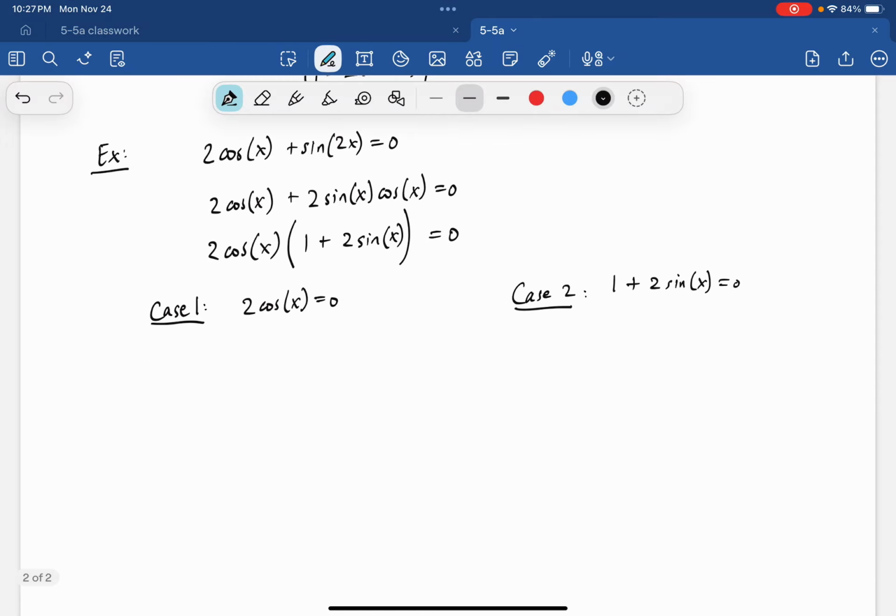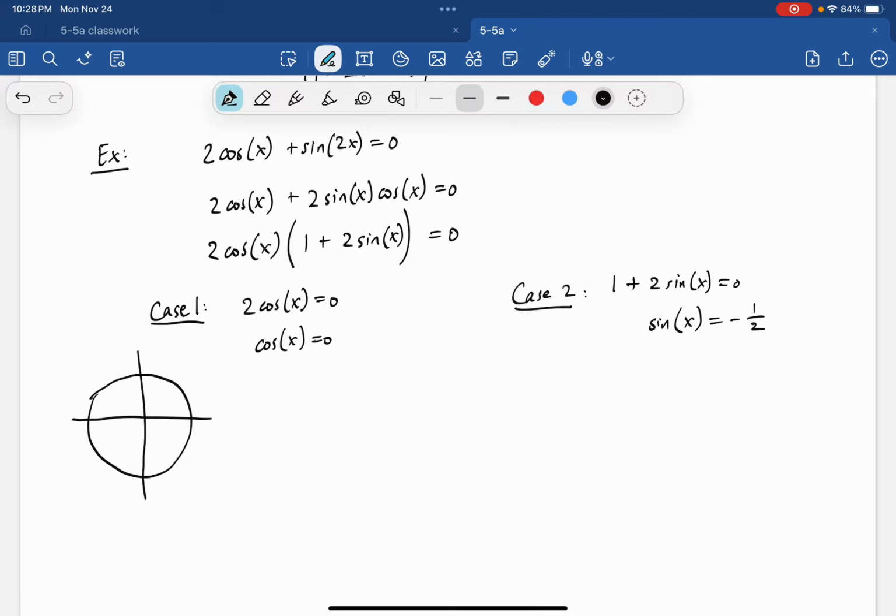All right, and so case 1, that tells me that cosine x equals 0. And in case 2, if you just do the algebra, that tells you that sine x equals negative half. Okay, and so now these are questions that are not hard for us to solve. We've done them a lot. In order for cosine x to equal 0, we're going to go to our unit circle.